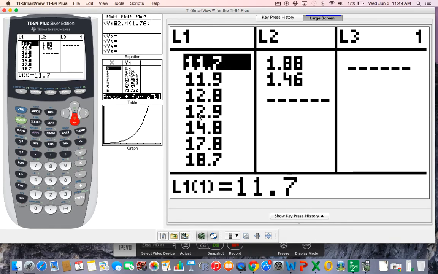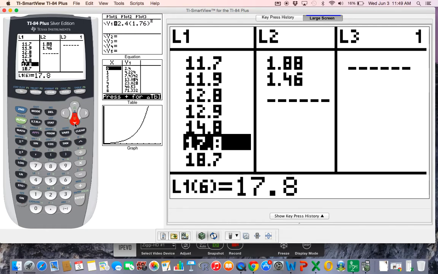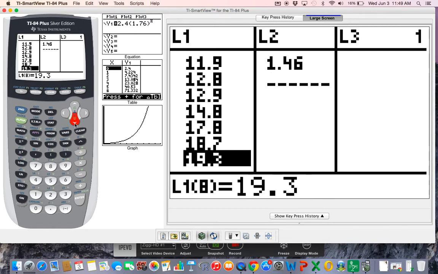And it looks like between 11 and 13 I have 4. So I'm going to write a 4 there. Between 14 and 16 it looks like I have 1. Between 17 and 19 I have 2, and so on and so forth.